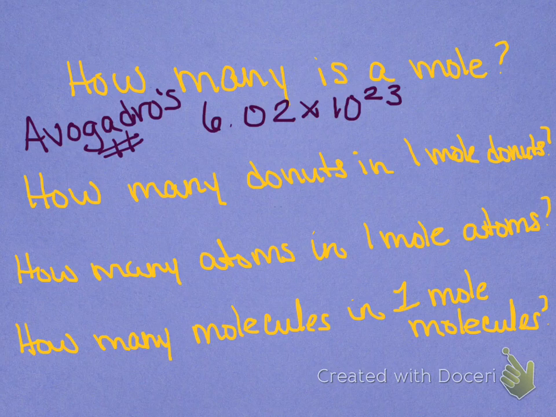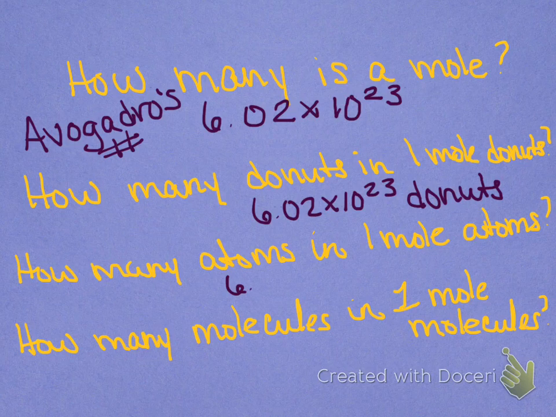So if I say I have a mole of donuts, I have 6.02 times 10 to the 23rd donuts. If I have a mole of atoms, I have 6.02 times 10 to the 23rd atoms.